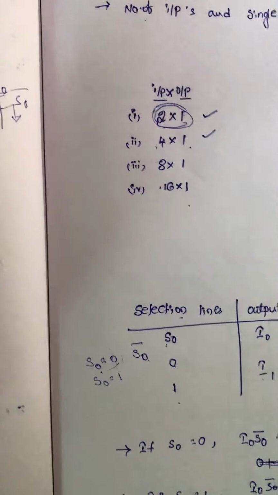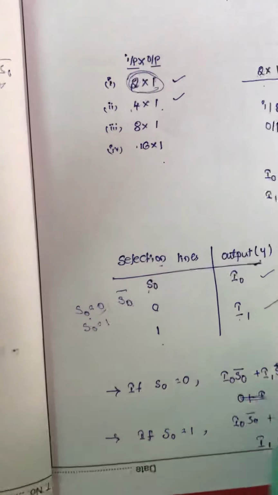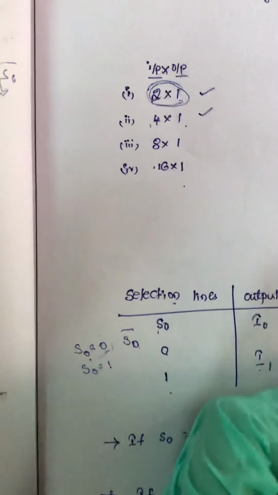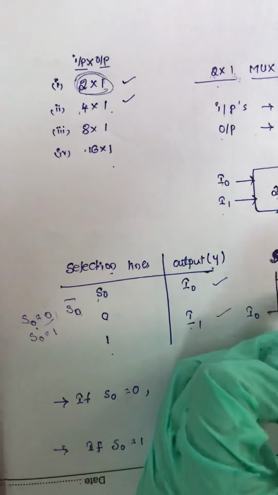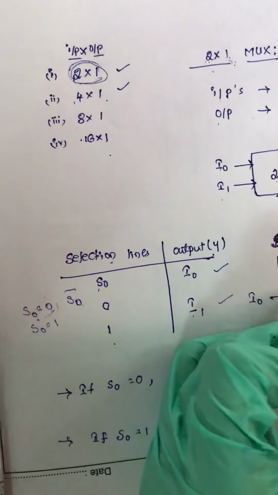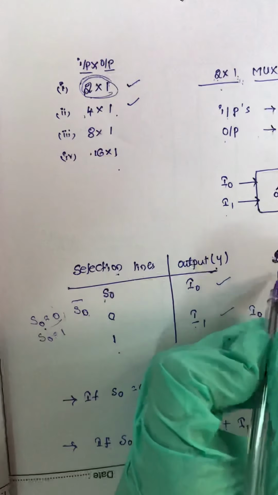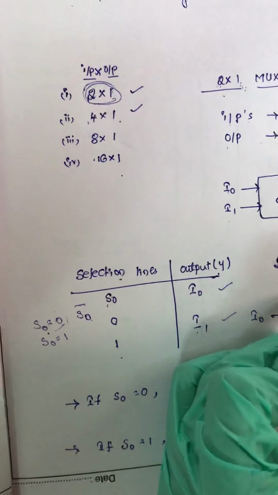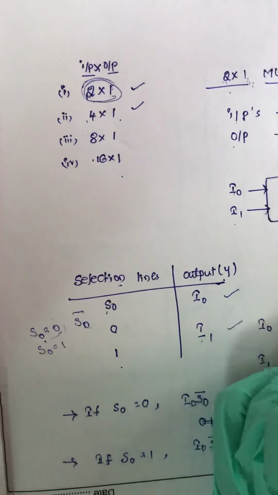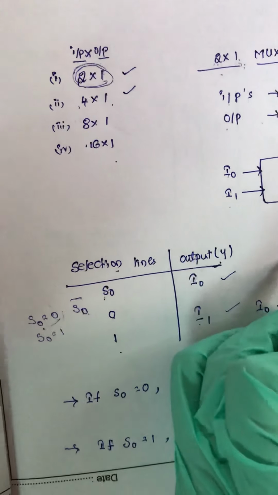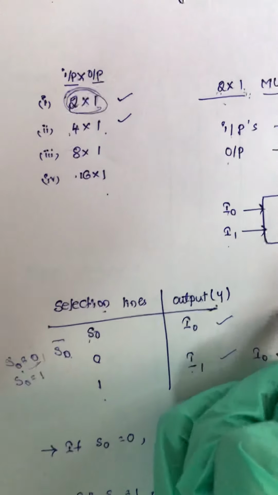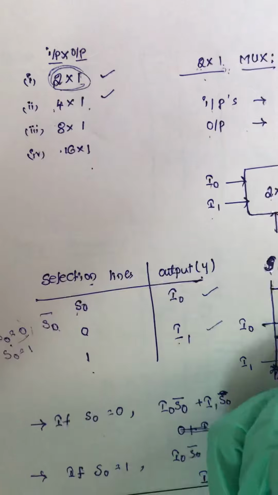Coming to the logic circuit, here we are using the S0 direct line and S0 bar. To construct S0 bar we connect one NOT gate, or complement, to the main S0. This NOT gate represents S0 bar. So a single selection line gives 2 possibilities: one is S0, another is S0 bar.